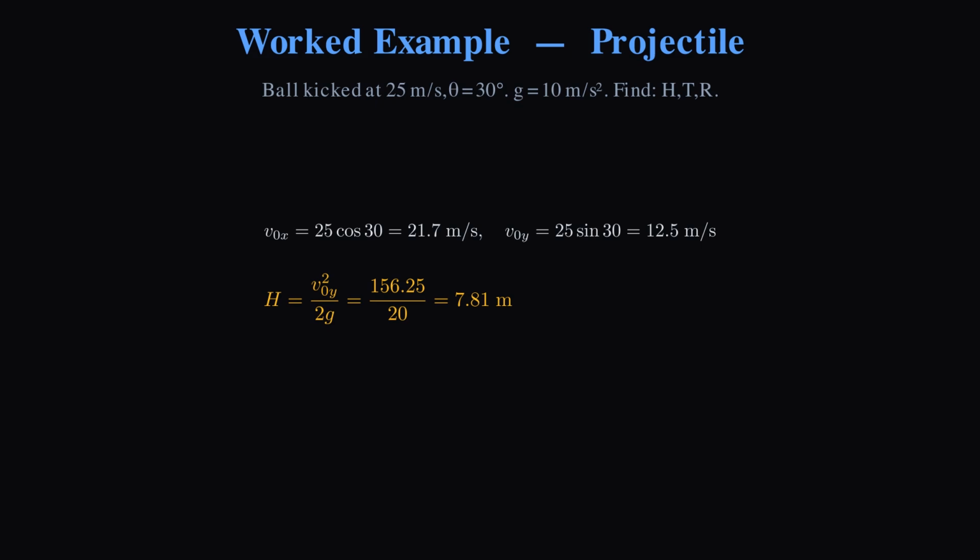Second, sign errors in the vertical direction. Taking upward as positive is standard. Then the initial vertical velocity is positive for any upward launch, and the acceleration is negative g, meaning negative 9.8 or negative 10 meters per second squared.